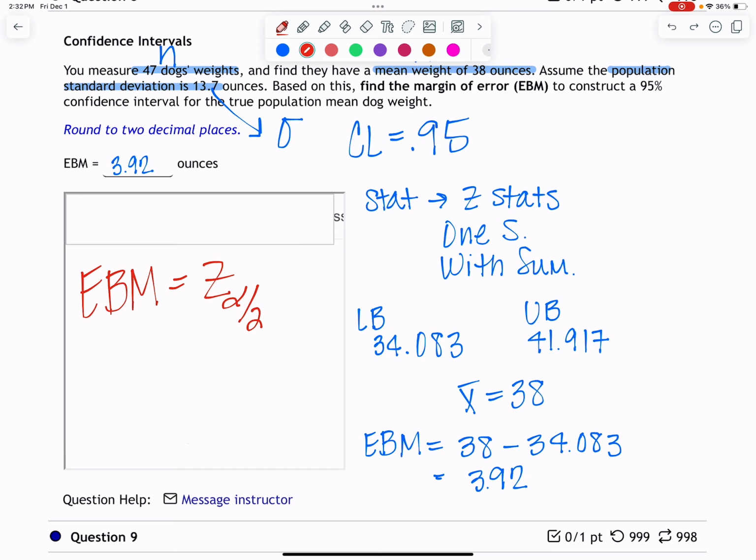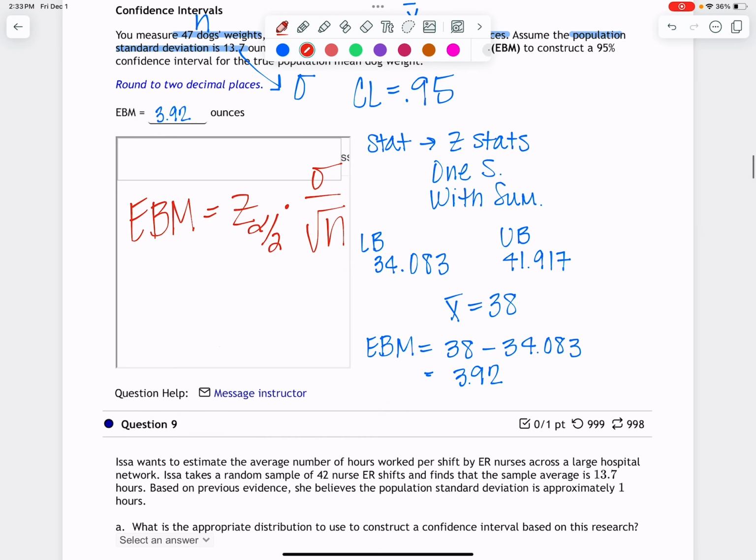I can read the formula, I just can't write it. So you can calculate your EBM that way as well, especially since I think you should already have the critical or the confidence interval number for 0.95 on your formula chart, but either way should get you there.